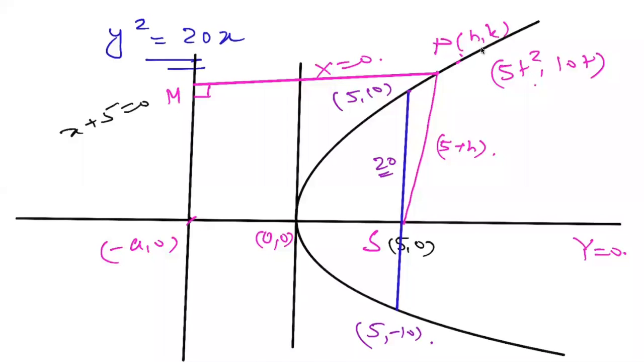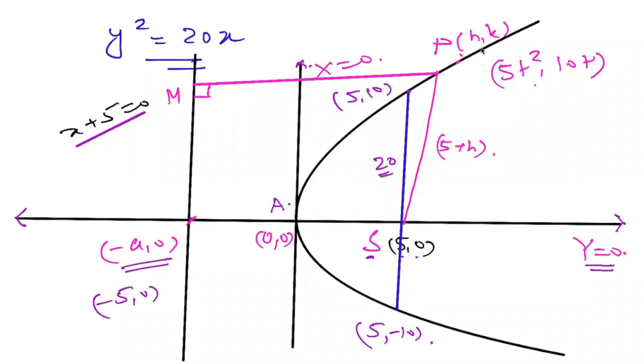You can see in the picture. Starting with vertex A, focus S is 5 comma 0, axis is the x-axis, that's y is equal to 0 for the case of y square is equal to 20x. Equation of directrix is x plus 5 is equal to 0. Intersection point of axis and directrix is minus a comma 0, means minus 5 comma 0.